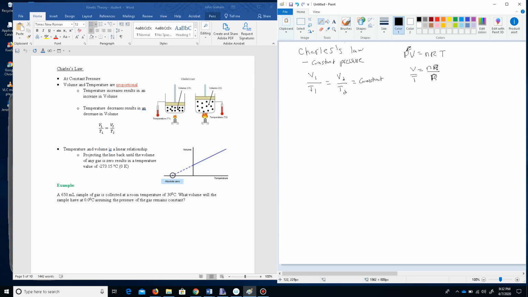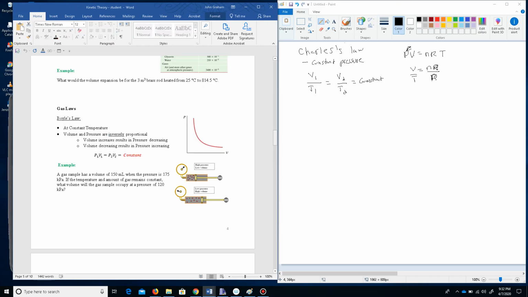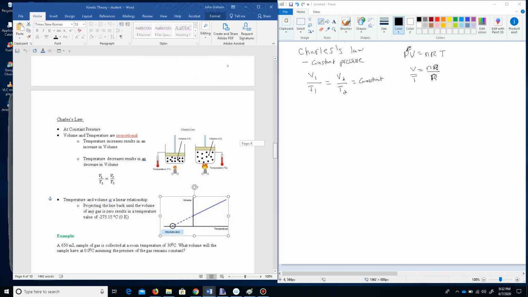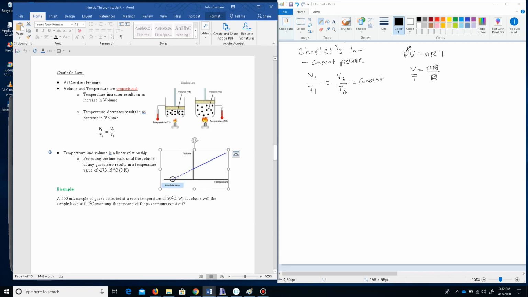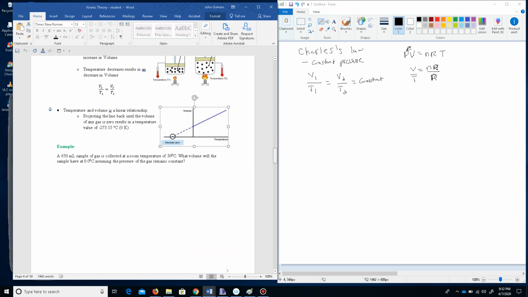It's a linear proportion. If we were to measure these different volumes and temperatures, it's going to fall on this type of graph as you move up. Sorry about that, I keep hitting off to the side.